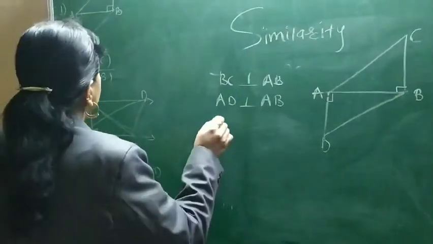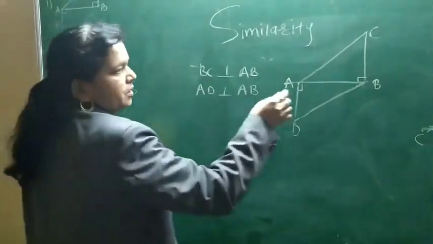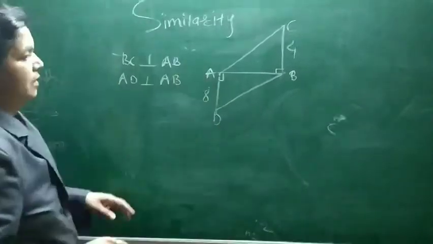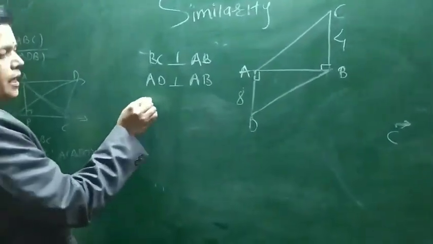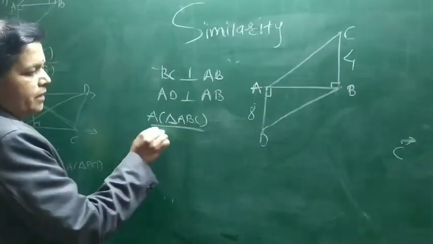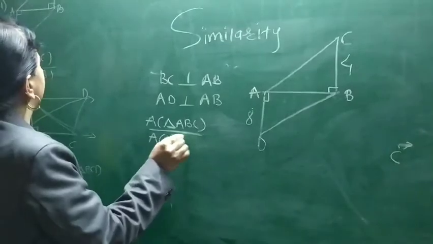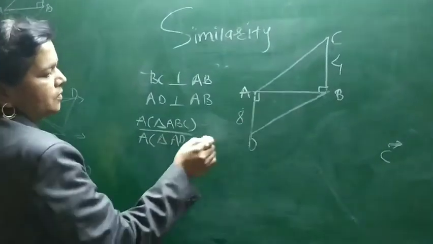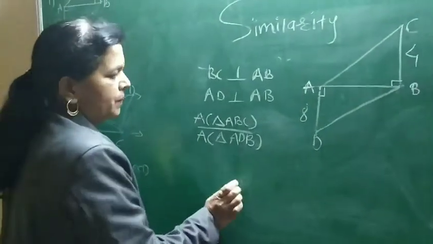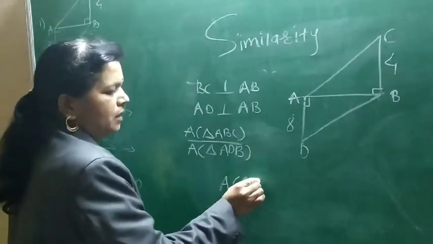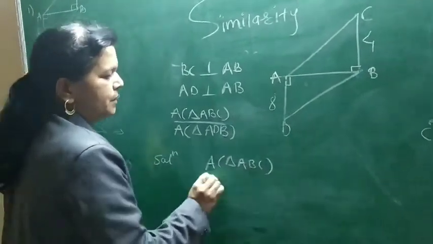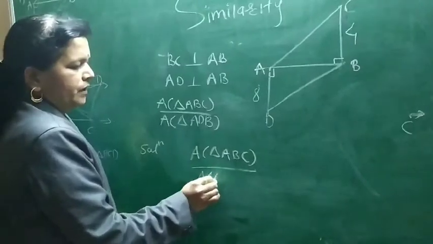Now see another piece of information given here. BC is given as 4 and AD is given as 8. Now we want to find the ratio of areas of the two triangles: area of triangle ABC upon area of triangle ADB. Now we want to use properties.